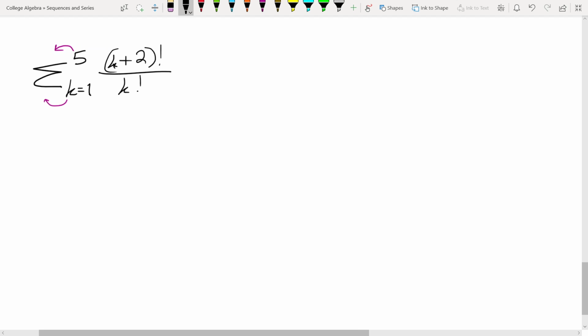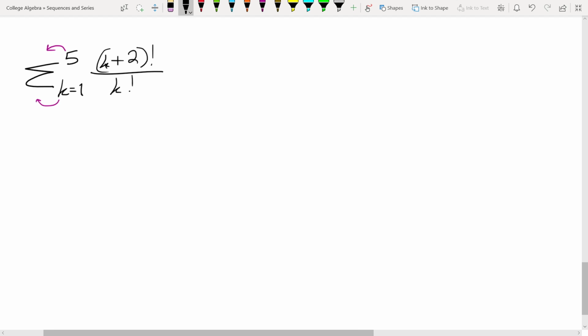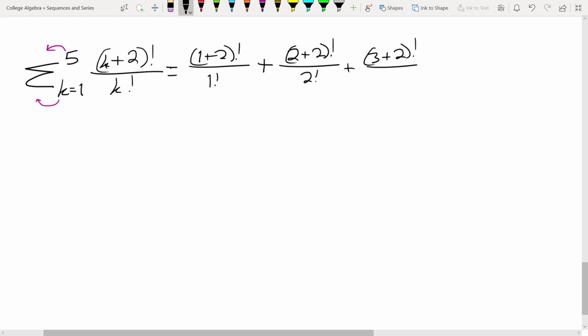All right, k equal to 1. Plug in 1 to where k is, so we get 1 plus 2 factorial over 1 factorial. And that ends the first term, so we're going to add, and then the next index is k equal to 2. So 2 plus 2 factorial over 2 factorial. 3 plus 2 factorial over 3 factorial. 4 plus 2.